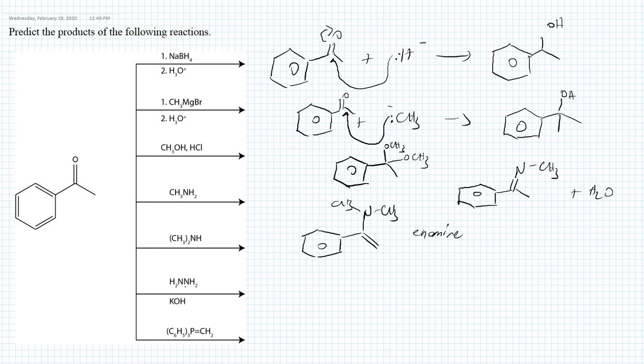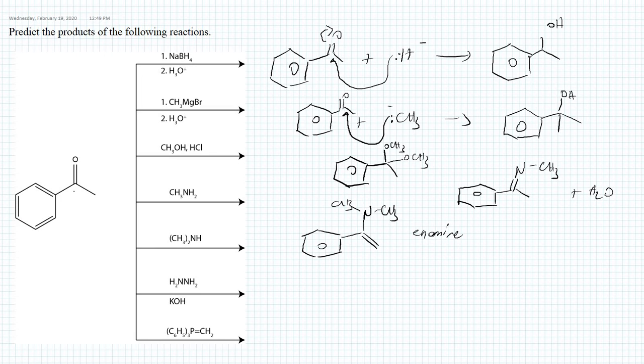Next question is with a ketone and hydrazine, in the presence of potassium hydroxide, a strong base. Basically, you have to know this particular reaction. This is called the Wolff-Kishner reaction. So basically, when you react a ketone with hydrazine, we are going to convert the ketone or aldehyde into an alkane.